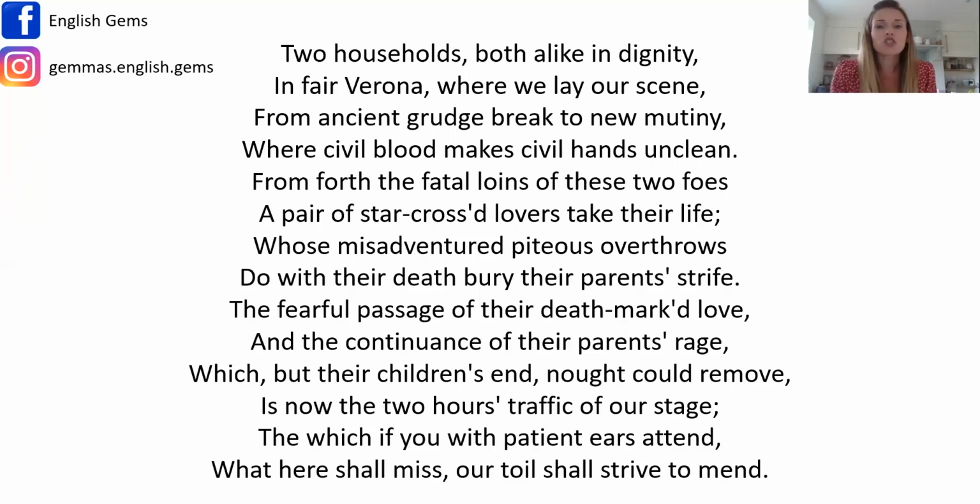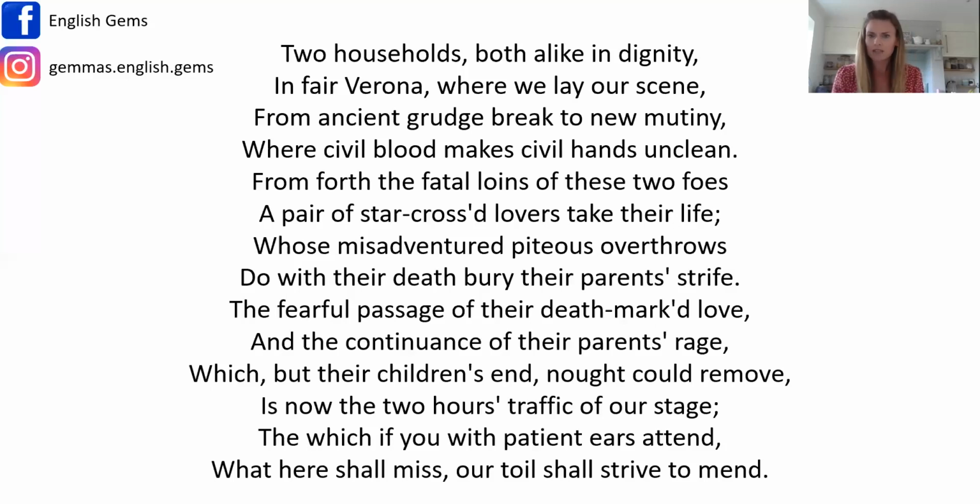Two households, both alike in dignity, in fair Verona, where we lay our scene, from ancient grudge break to new mutiny, where civil blood makes civil hands unclean. From forth the fatal loins of these two foes, a pair of star-crossed lovers take their life, whose misadventured, piteous overthrows do with their death bury their parents' strife.